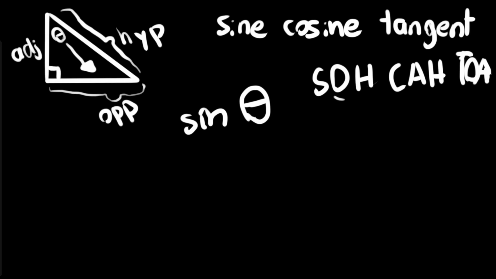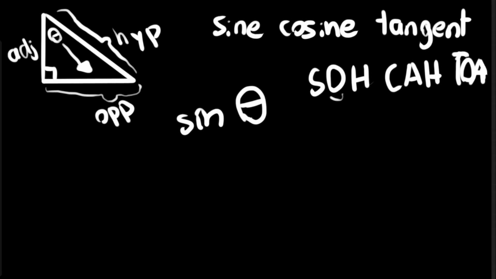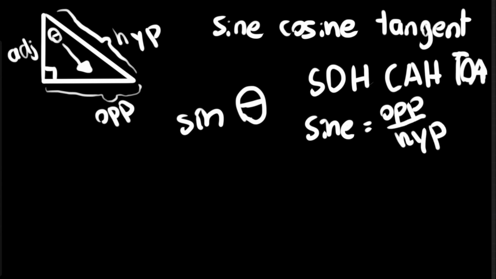The O represents opposite, and the H represents hypotenuse. So sine is equal to the opposite over the hypotenuse. There, we just defined sine.